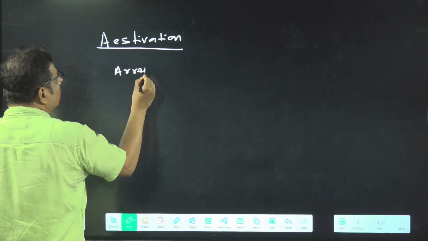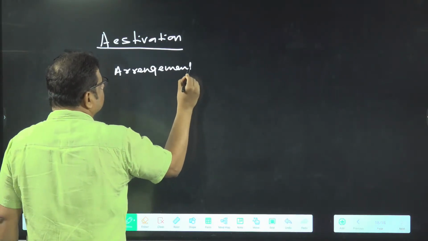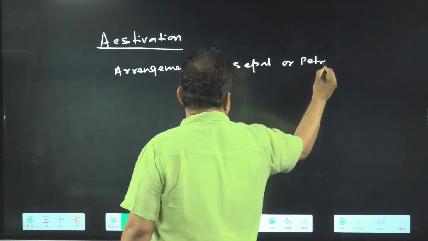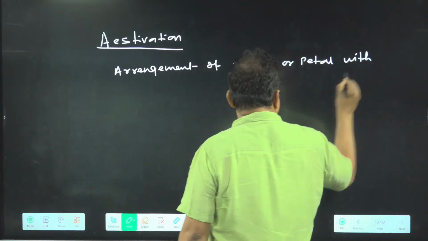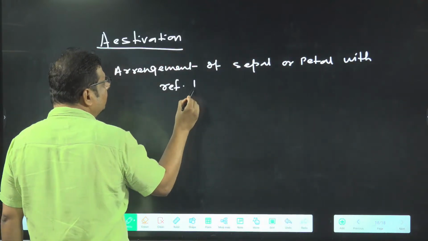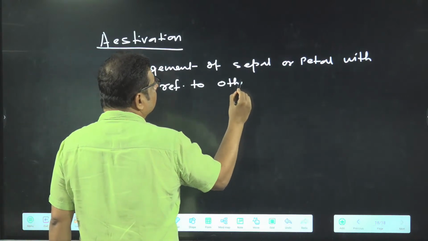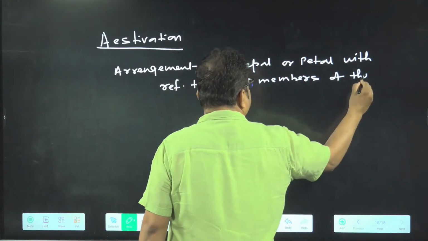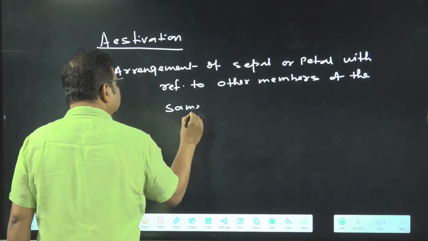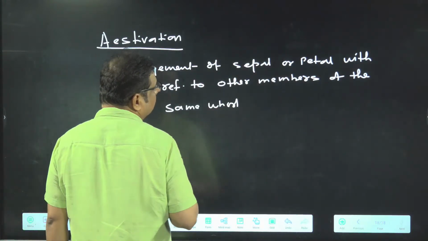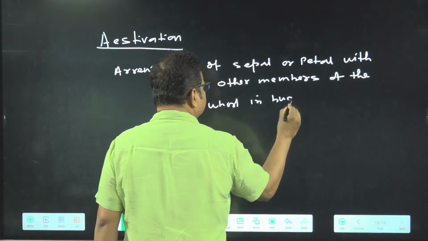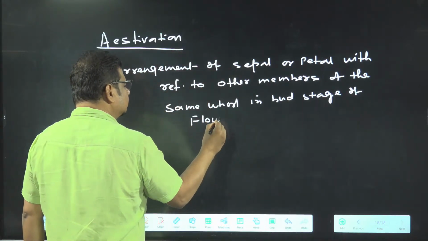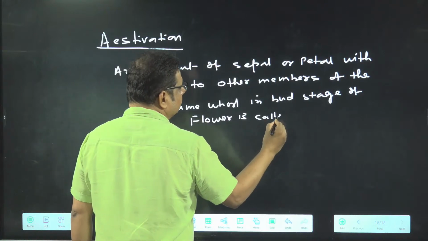Arrangement of sepals or petals with reference to other members of the same whorl in bud stage of flower is called estivation. Complete definition, keep in mind, reference to other members.